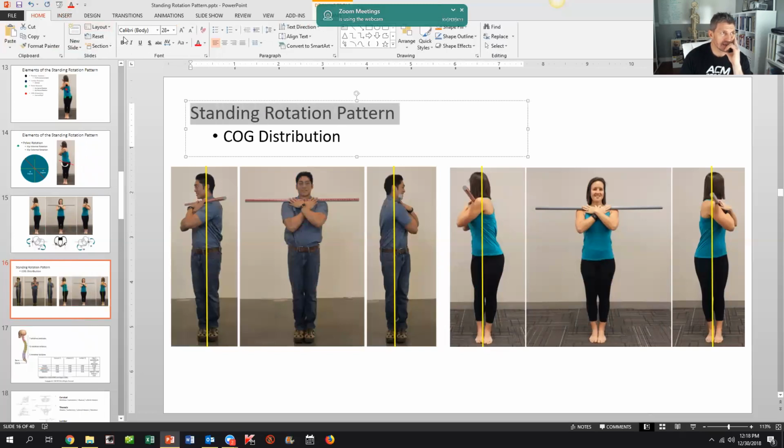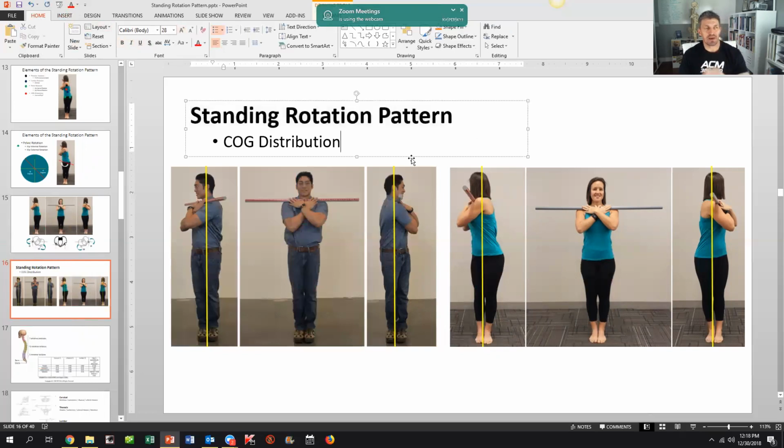Too much about aesthetics here. Standing rotation pattern, the center of gravity distribution, and starting out, I'm looking at that center line of their body's posture, that line of gravity. And as they rotate, are they rotating on that line of gravity, or are they offsetting? And you will see people have a great sense of stability through this pattern, and they're able to maintain that center of gravity through the distribution line of gravity.